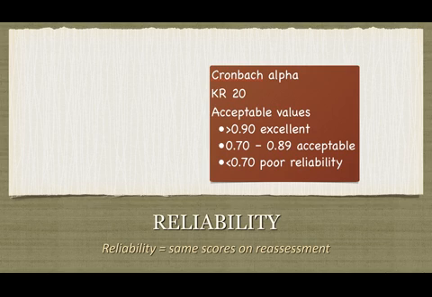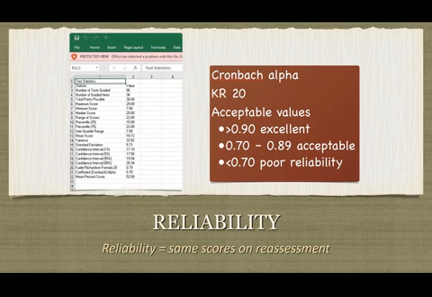The cutoff values provided in the literature are: the questionnaire is said to be excellent in terms of reliability if the value of Cronbach alpha is more than 0.90. It is acceptable between 0.70 to 0.89, and the reliability is poor if the Cronbach alpha value is less than 0.70. It is given in your OMR results.